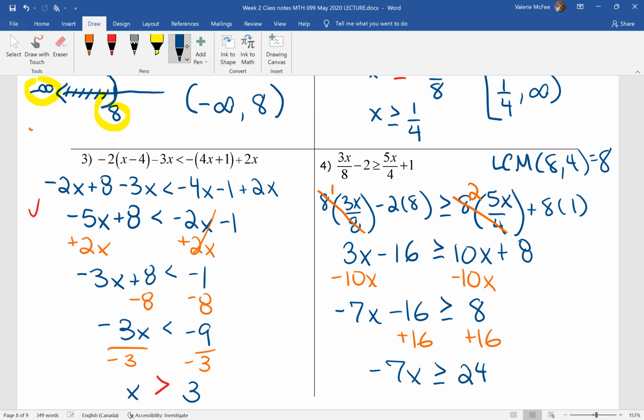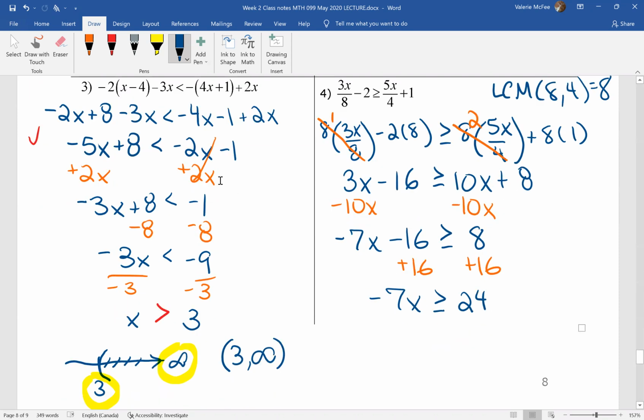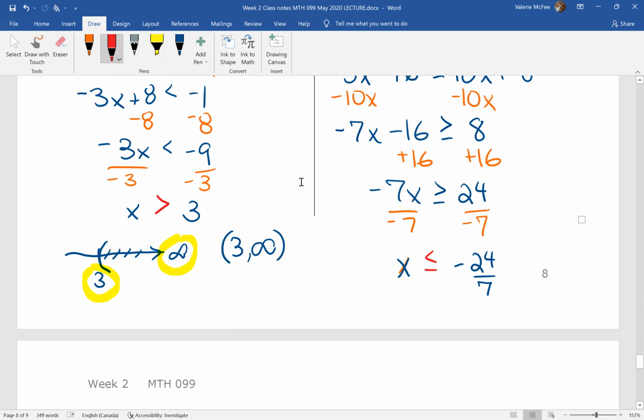24. Divide both sides by -7. The sign changes direction.